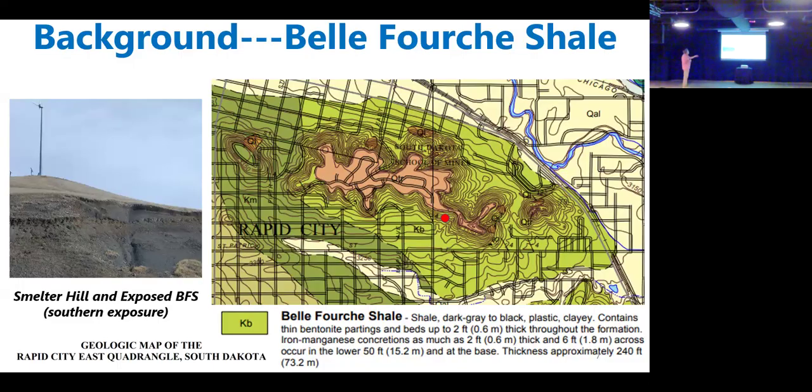So here's the school. Here's the track. This red dot is approximately right here. You can see the windmill that never turns that we have on the school. And this exposed area here is this Belle Fourche Shale on the southern exposure on Smelter Hill.